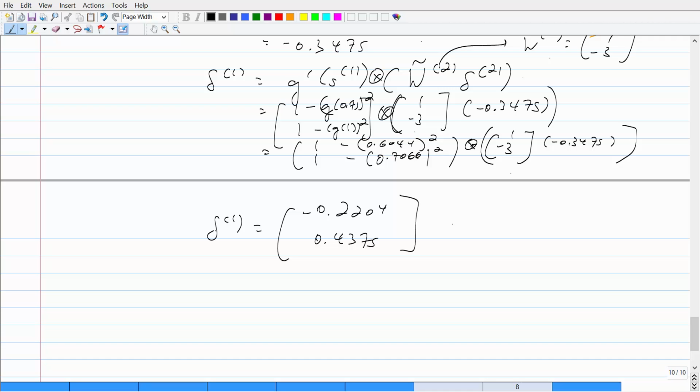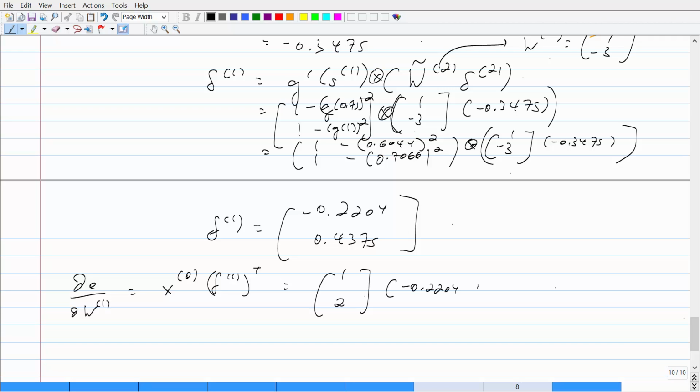So now that you have your sensitivities, what you want to do is calculate the updates. These are the updates you'd apply to each of the weights before you go to the next step. So you take the outputs from the hidden layer, multiply by the sensitivities between the input and the hidden, and take the transpose of that. In this case, x of 0 was 1 and 2, and delta 1 is equal to minus 0.2204.